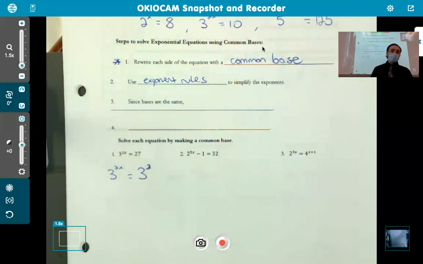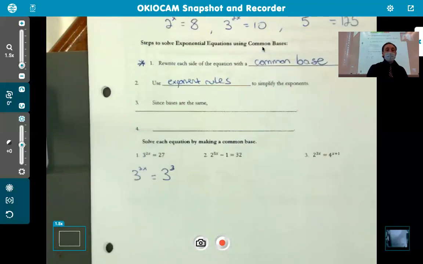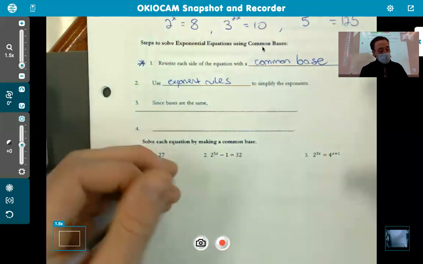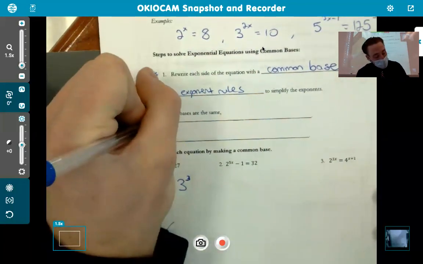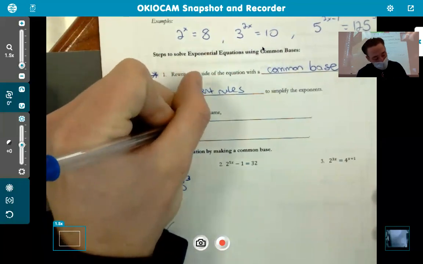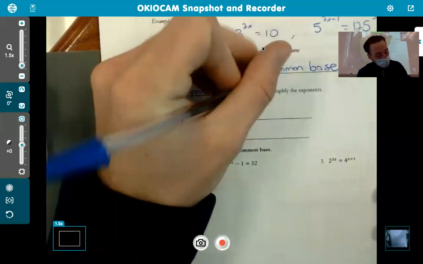Everybody with me so far? So rewrite the bases, use exponent rules to simplify. From here, what we can do if we have the same base on either side, all right? An algebra step that we can take is to then set the exponents equal to each other.